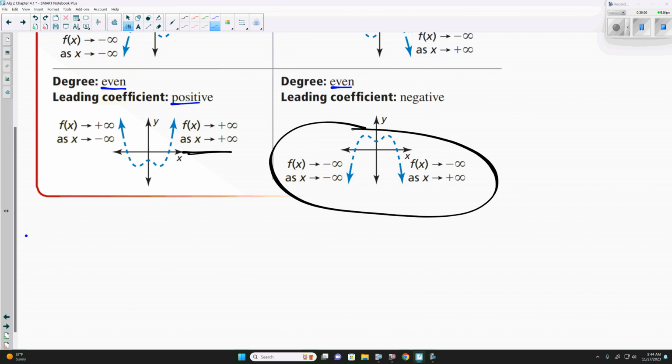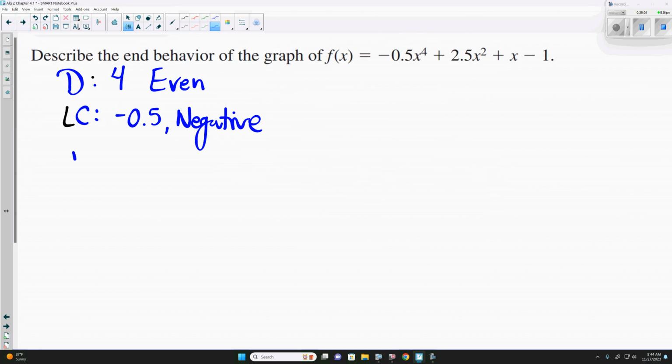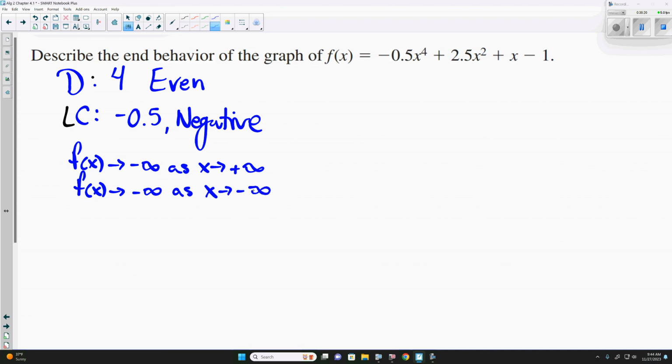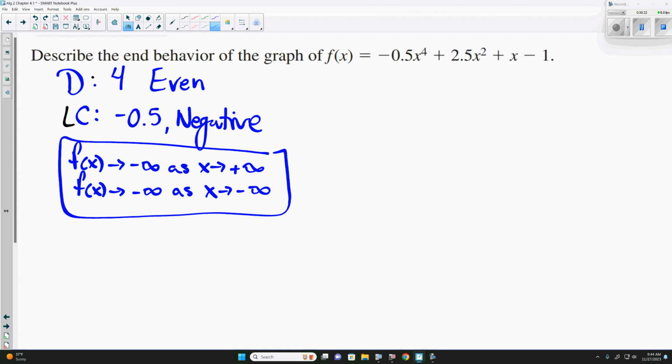There's our answer. f of x approaches negative infinity as x approaches positive infinity, and f of x approaches negative infinity as x approaches negative infinity. That's the end behavior. When it asks to describe the end behavior, that is all it's looking for.